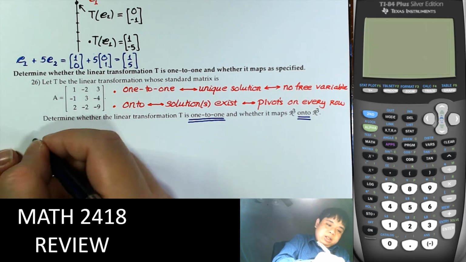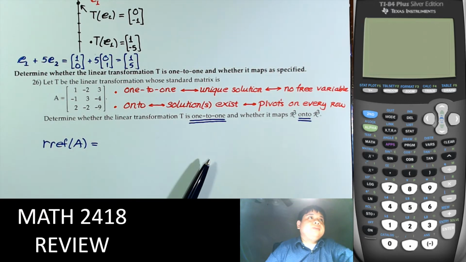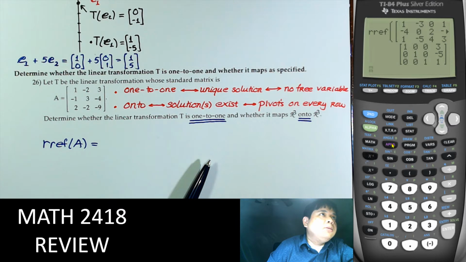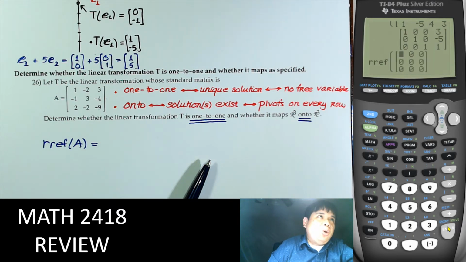So pretty much we just have the matrix A and then do the reduced row echelon form for it. We just need 3 by 3 because the last column could be anything, but that's all we need. 1, -2, 3, -1, 3, and -4. 2, -2, and -9.